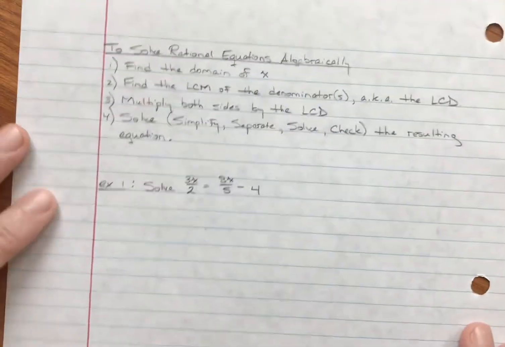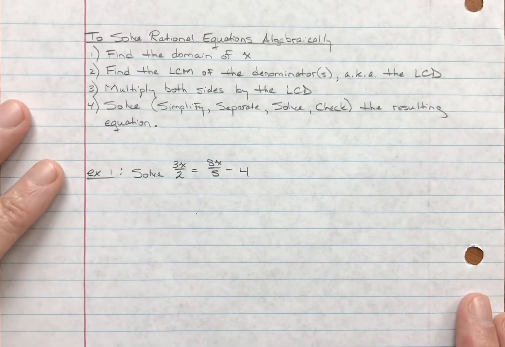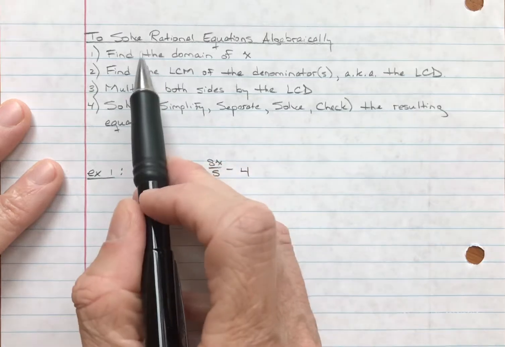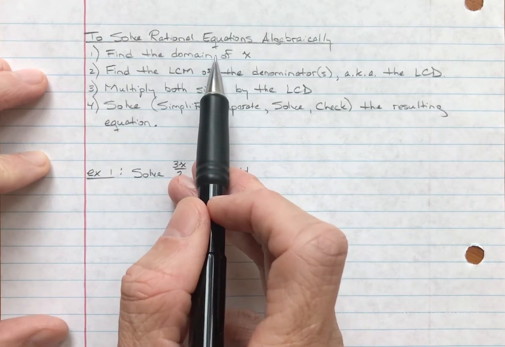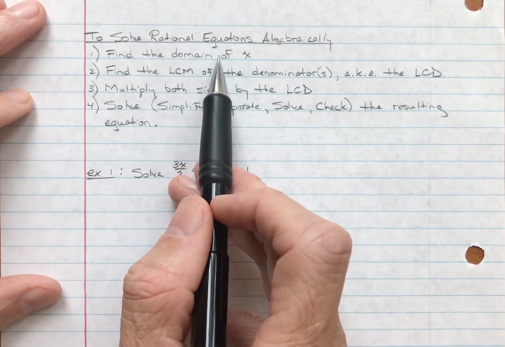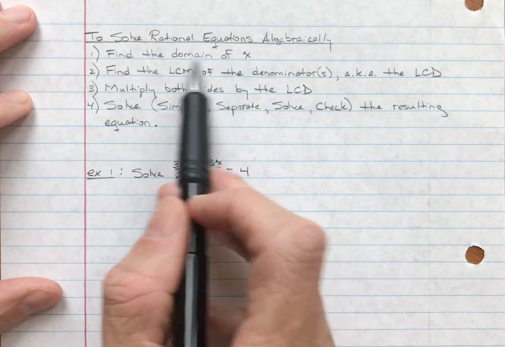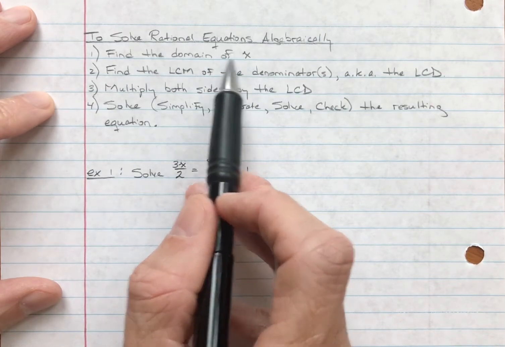All right, so how do we solve one of these rational equations algebraically? Well, we're going to start off by noting the domain. Because we're dealing with fractions, we need to be aware of if there's a chance that the denominator is 0. So we need to be aware of the domain and 0 denominators.